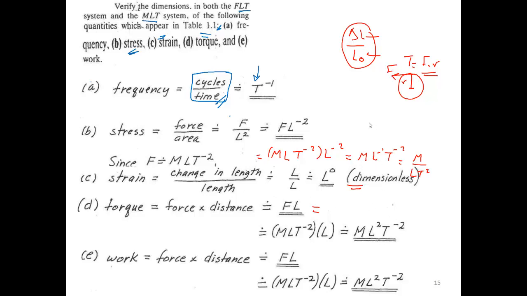Work is defined as force times distance, so it's exactly the same units as for the torque, except it's a different physical quantity. That's work, that's torque, both are work, and that's it for this example.